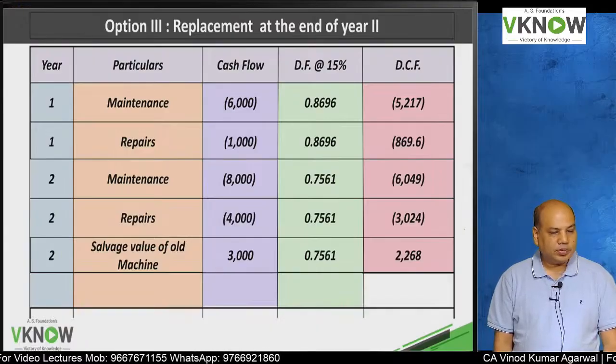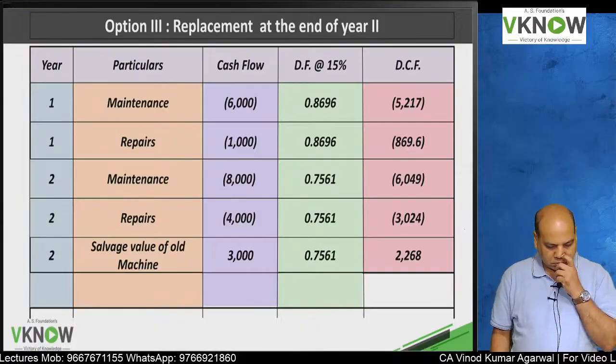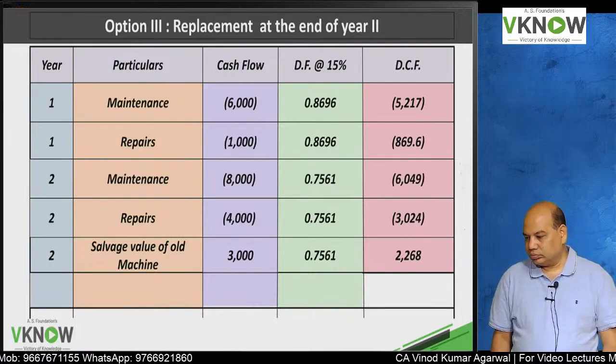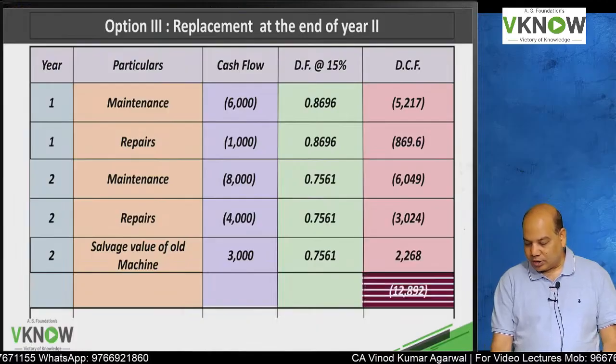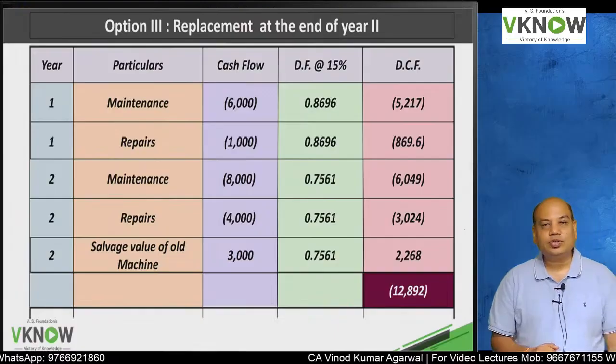Total of the last column. You are waiting for me and I am waiting for you. Very good. 12,892 is the right answer.